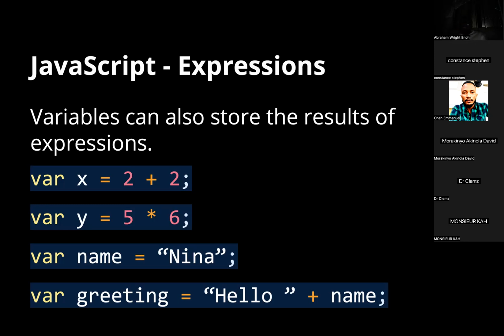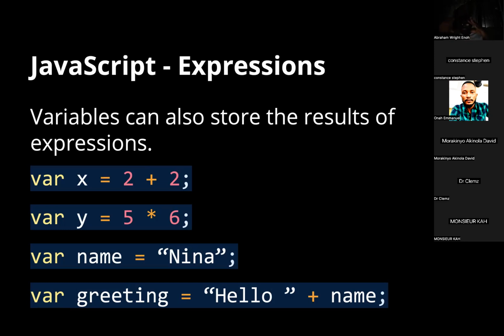If I understand it very well, there are no empty variables here yet. These variables are all buckets with water. Var x, where x is the variable name, equals 2 plus 2. That is a value, but this type of value is an expressional value.